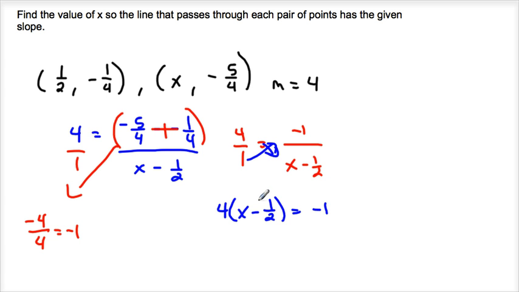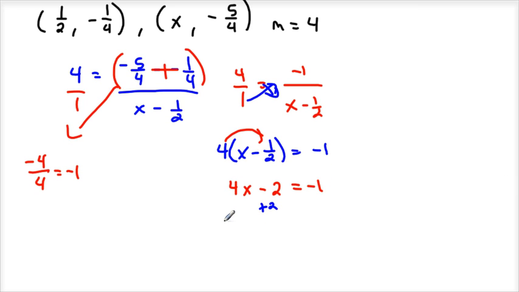In this case, I'm going to distribute, because 4 does not go into 1. So I get 4x minus 4 times 1/2, which is 2, equals negative 1. I'm going to add 2 to both sides, a two-step equation here. So I get 4x equals 1, dividing both sides by 4, x equals 1/4.